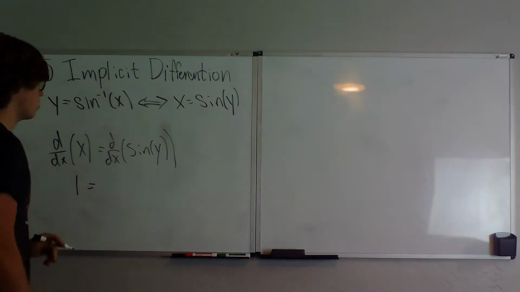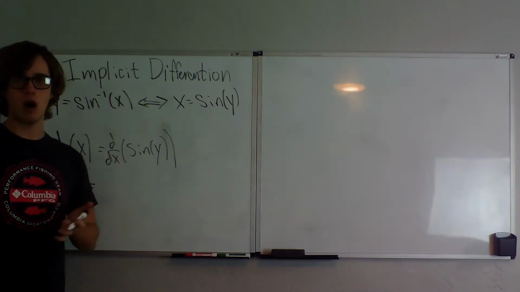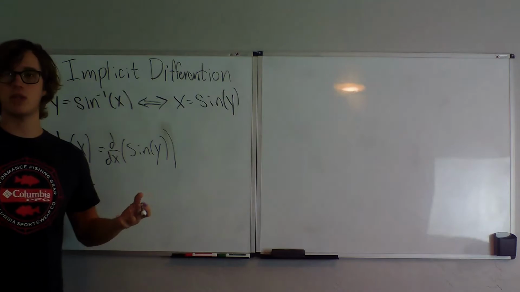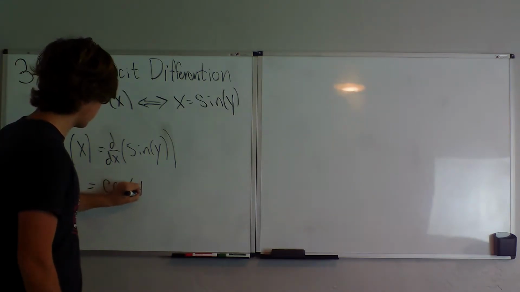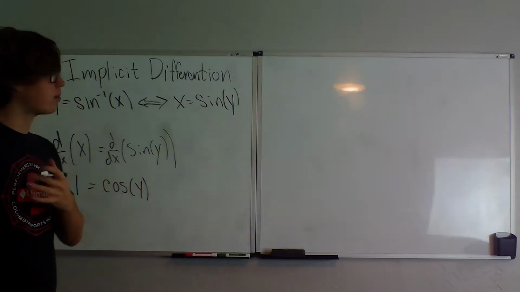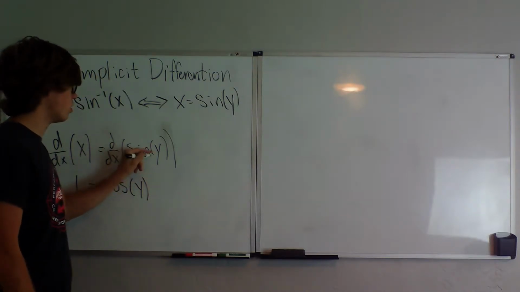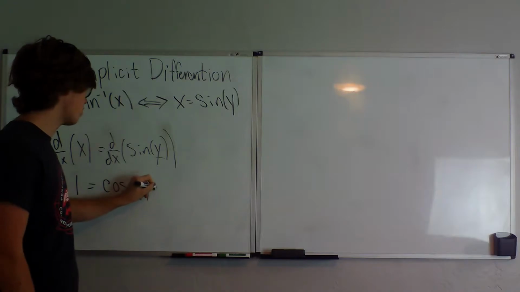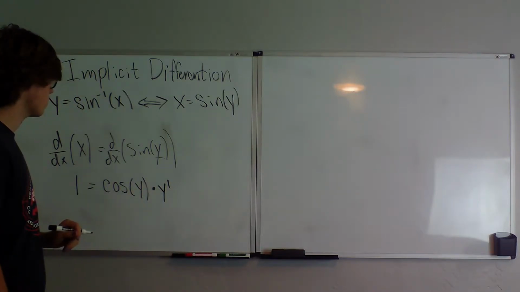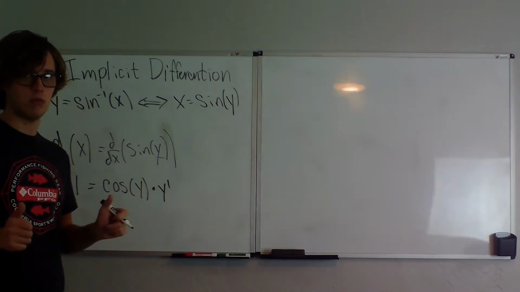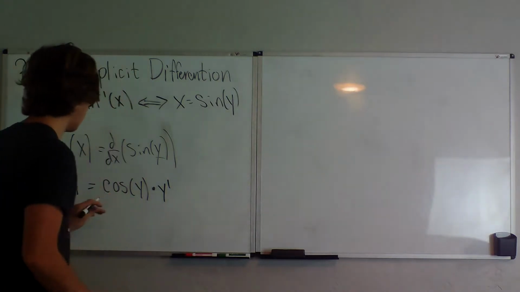And well, what's that equal to? Well, it's derivative of sine y. Well, what's derivative of sine? Cosine. Cosine y. And then, as I said, every time you differentiate when there's a y, you have to multiply by y prime, right? Good. And then, so we're like, okay, that works.